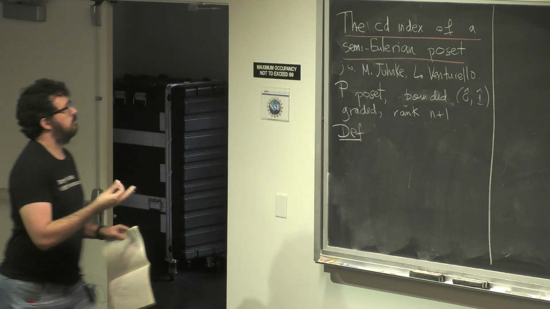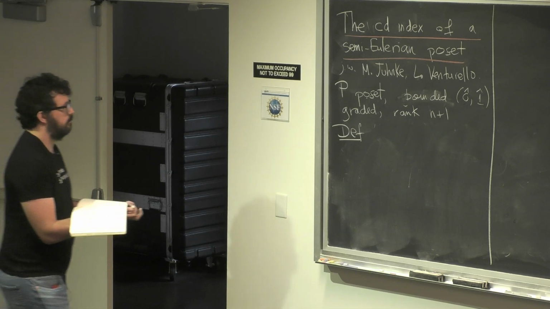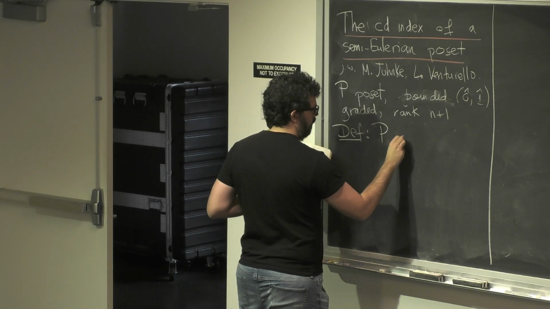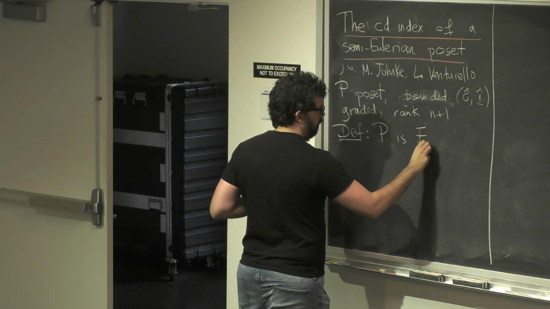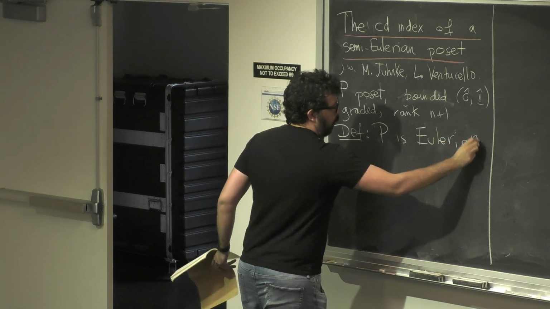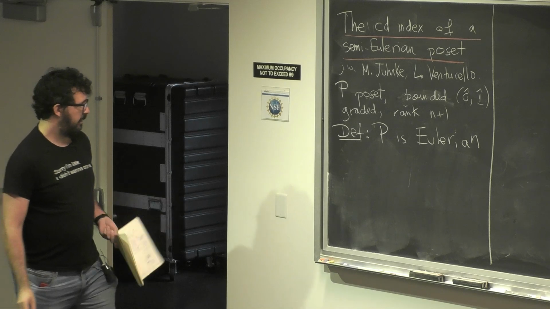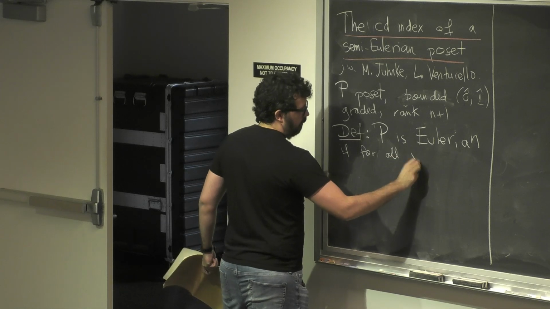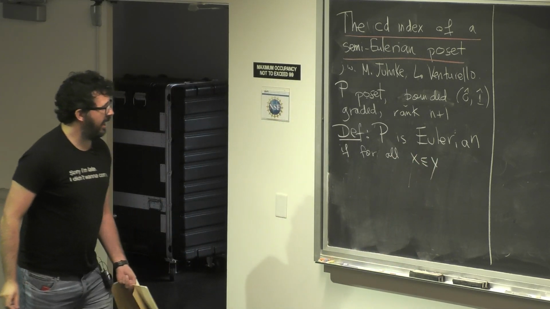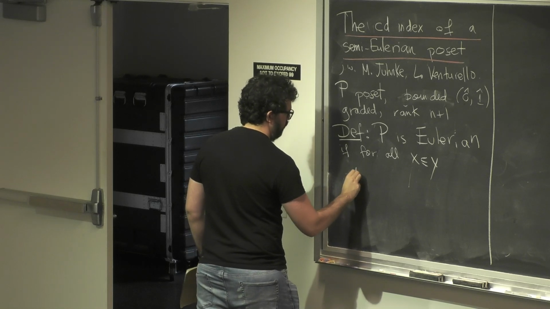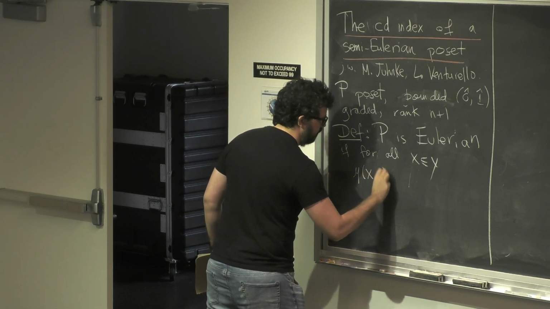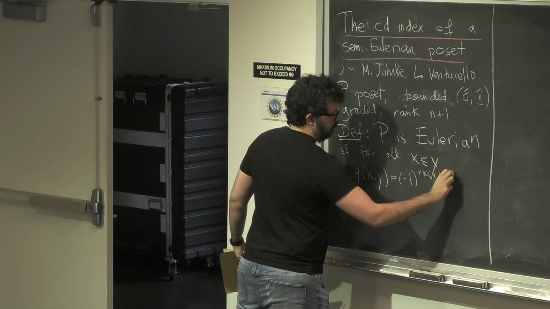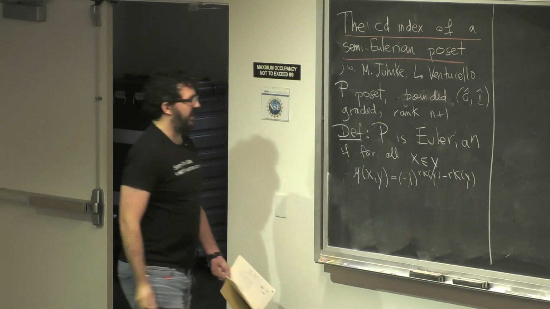Let me start telling you what are the objects that I'm going to be talking about. We're going to say that P is Eulerian first, if for all x less than or equal to y, there's two different ways of saying it. I could compute the Mobius function of the poset and say, well, this is going to be the rank of x minus the rank of y.